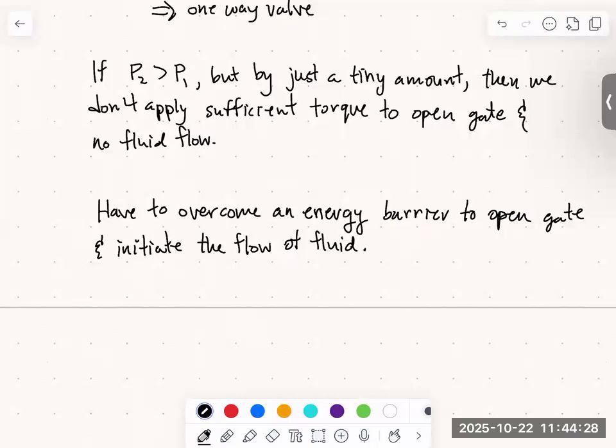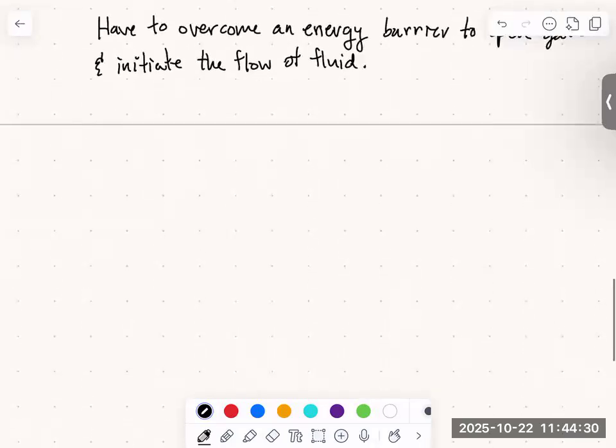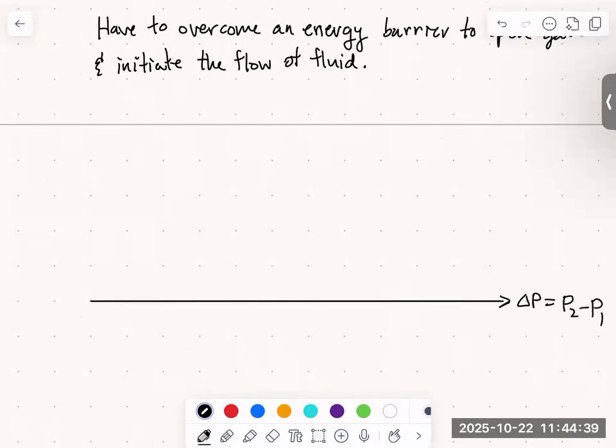All right, so if I wanted to make a plot, I could make a plot of something like pressure difference. We'll say delta P is P2 minus P1. That's my x-axis. And then on my vertical axis, we'll put the fluid flow rate, which is just the fluid current.